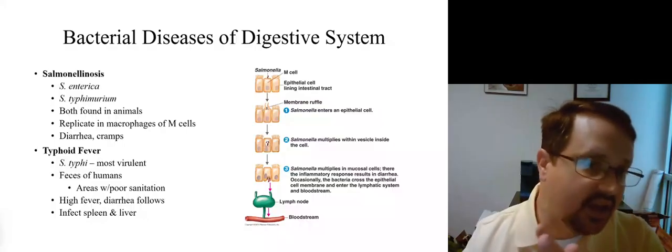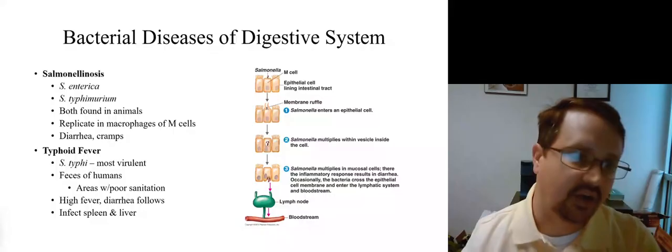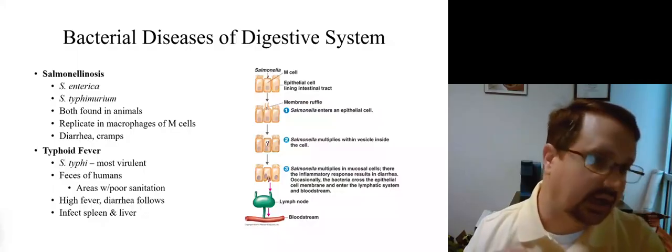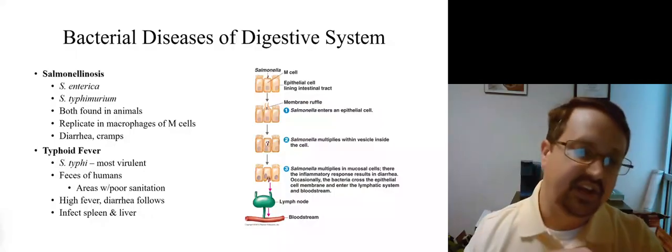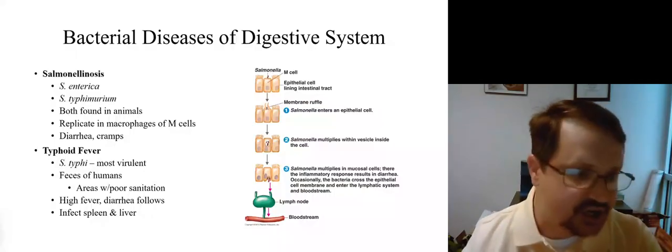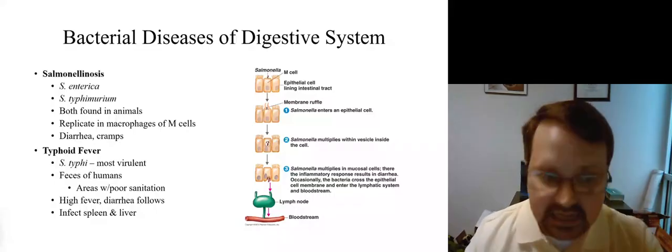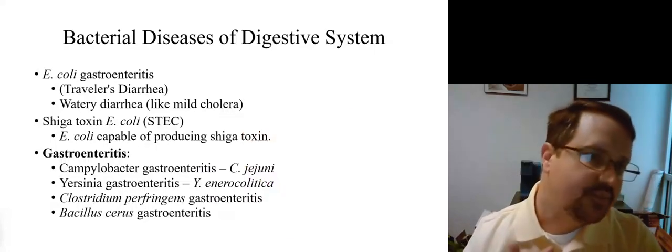They replicate in M cells, and they cause diarrhea and severe cramping. Typhoid fever, Salmonella typhi, is the most virulent. Spread through feces in humans where we have poor sanitation, it causes high fever, diarrhea, the spleen gets infected, the liver gets infected, and it spreads really nasty.